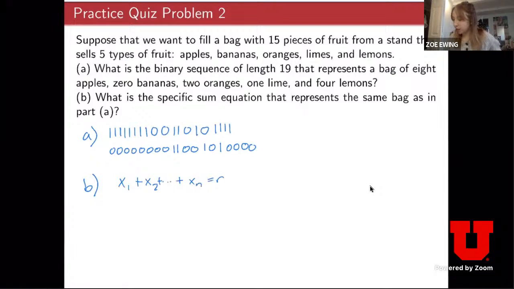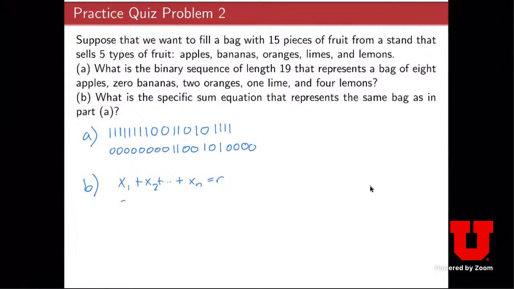So in this case, each of these values represents how much we have of one type of fruit. So we have 8 apples plus 0 bananas plus 2 oranges plus 1 lime plus 4 lemons. And does that come out to, do we put 15 or 19? Should be 15. Yeah.